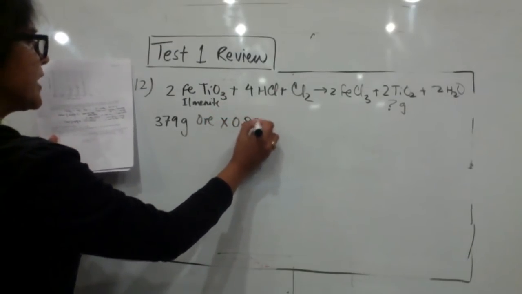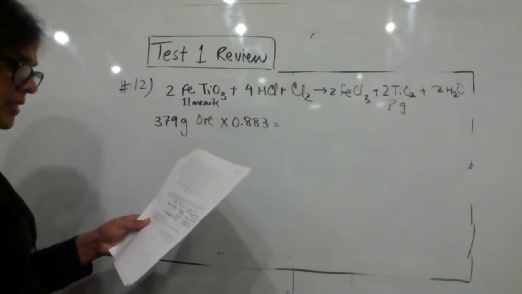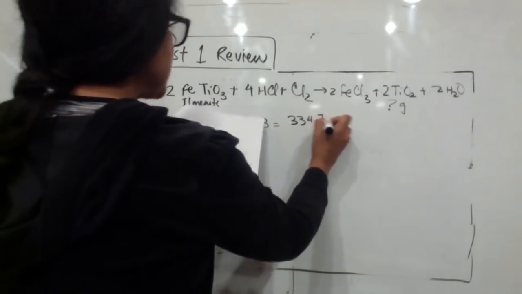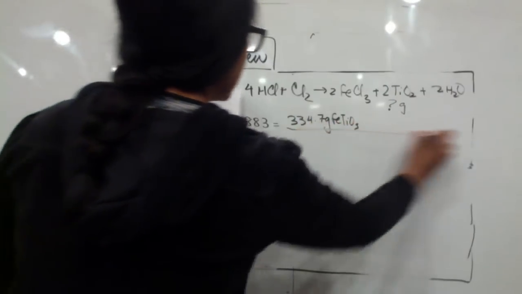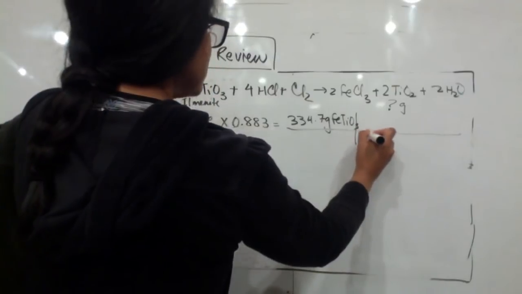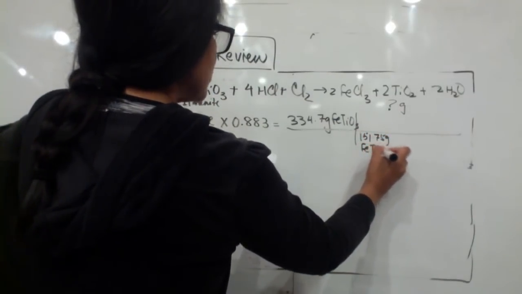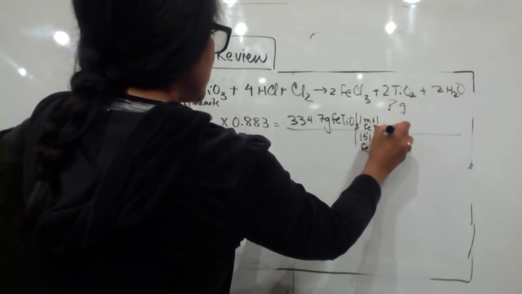88.3%. So if you do 0.883 of this, that much is the ilmenite in this. So when you do that, you get 334.7 grams of ilmenite, or FeTiO3. And then using molar mass, 151.75 grams of FeTiO3 is 1 mole of FeTiO3.